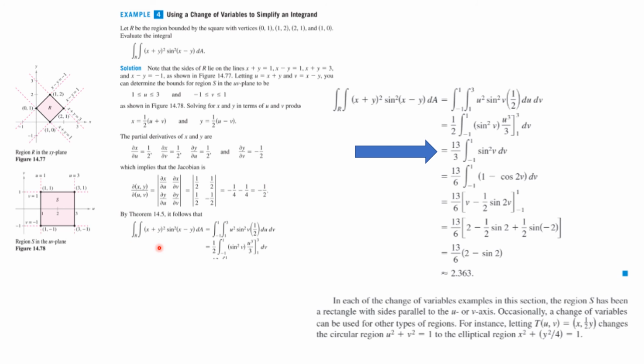So by our theorem then, the double integral over R of the function in x and y dA is the integral over the new region, which is S, much simpler. And when I substitute those in, I get u squared sine squared v. The factor of 1/2 is in there. This is du dv.